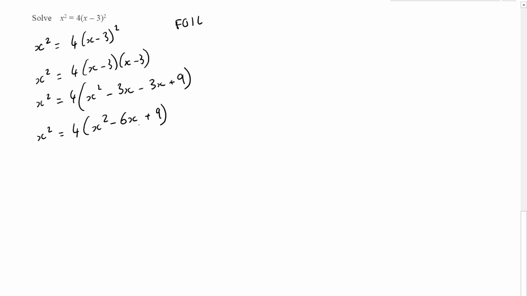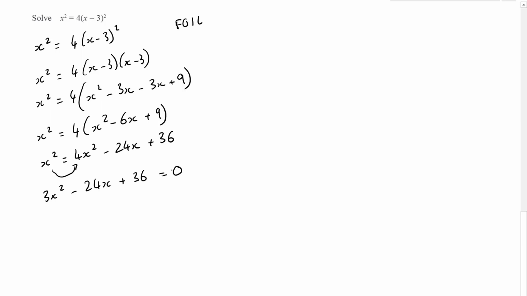When I multiply everything by 4, I get x squared is equal to 4x squared minus 24x plus 36. And now I can move this x squared over to this side, and it will give me that 3x squared minus 24x plus 36 is equal to 0.